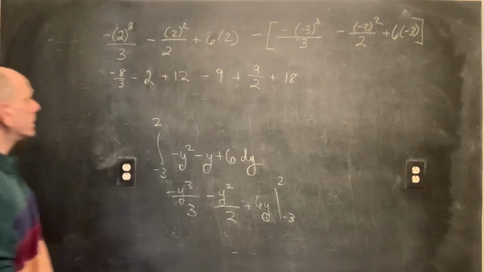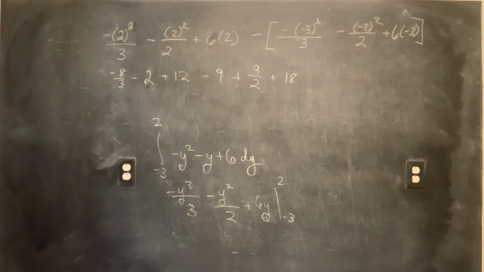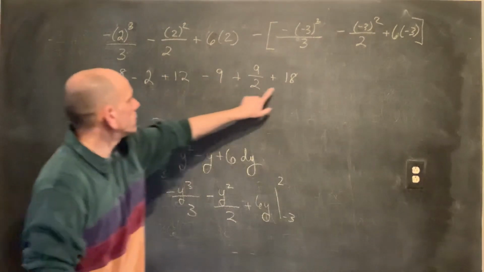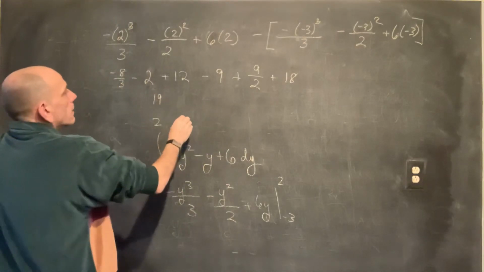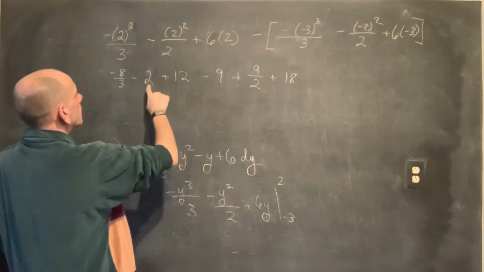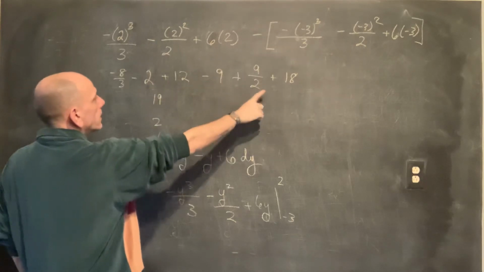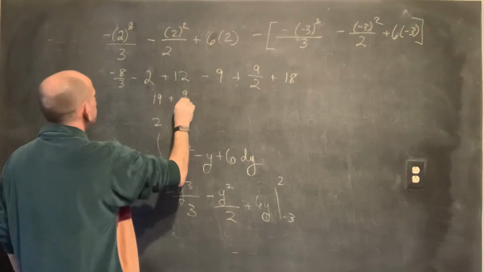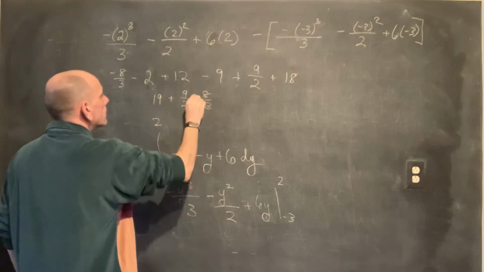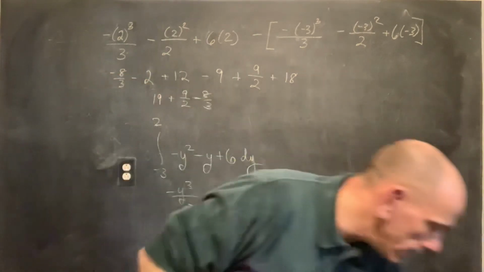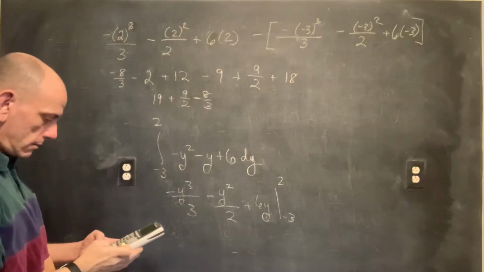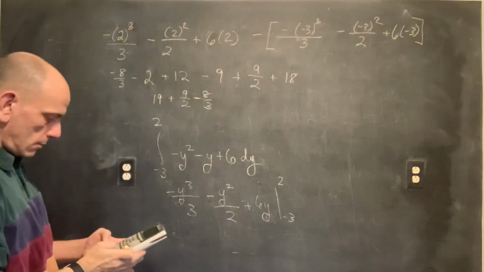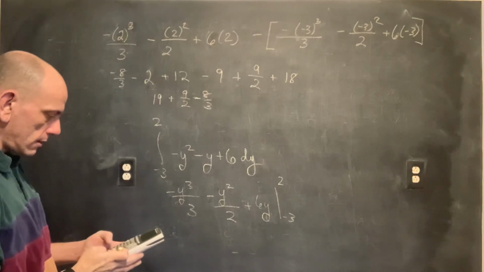And we're really close now. Let's see, 10 minus 9 is 1, so we have 19. Plus 9/2 minus 8/3. And at that point, I'm going to cheat and let the calculator do the fraction work. 19 plus 9/2 minus 8/3.